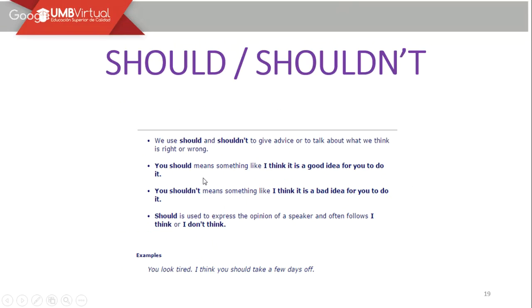Ok, este should o debería hace referencia a una idea que es buena para ti o que no lo es. En este caso, si decimos, you look tired, I think you should take a few days off, tú deberías tomar unos días libres. En este caso, estamos dando un consejo.